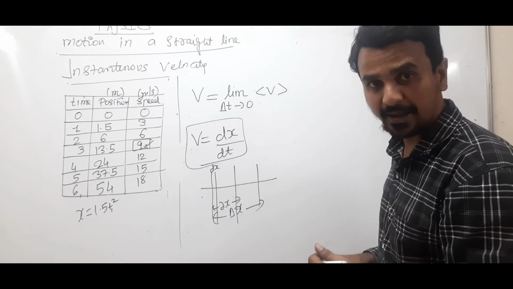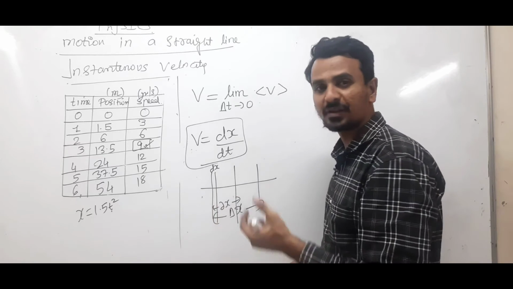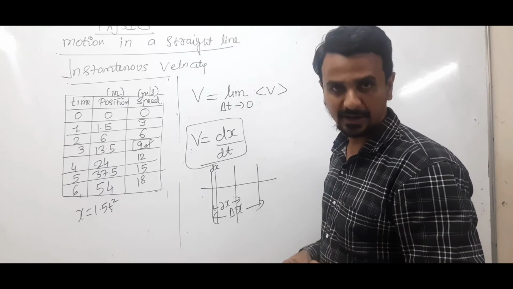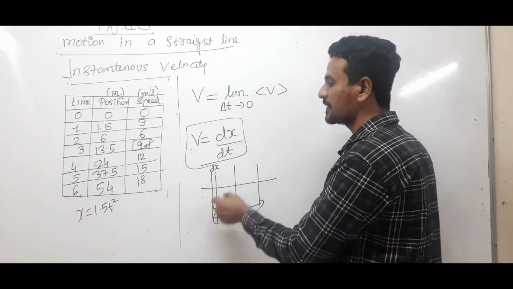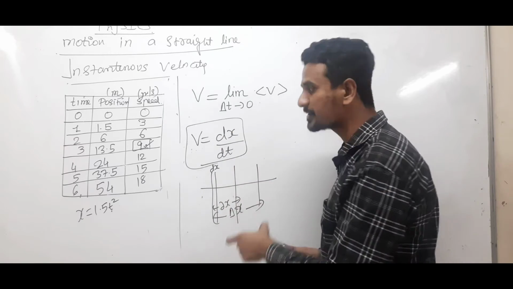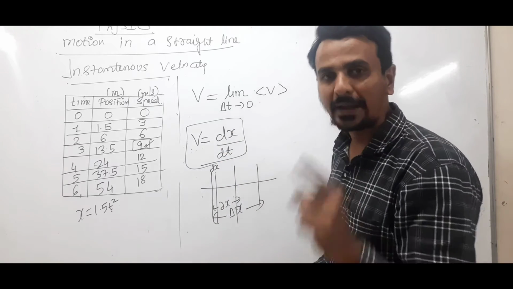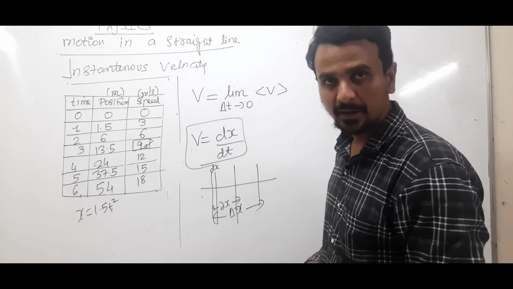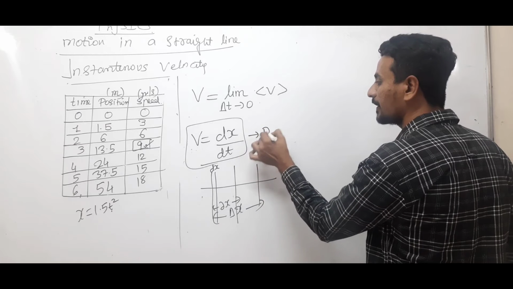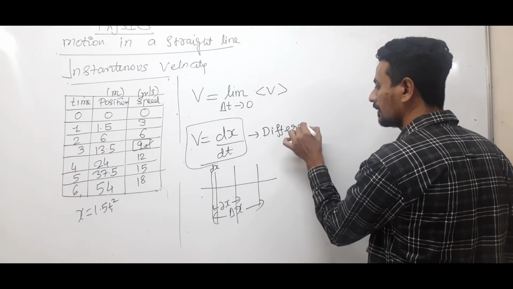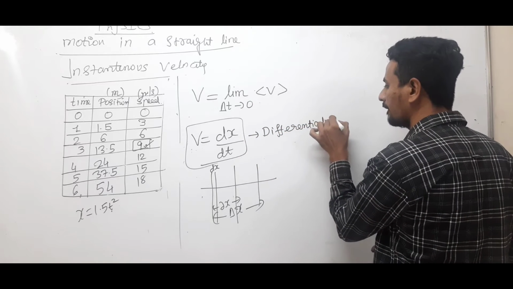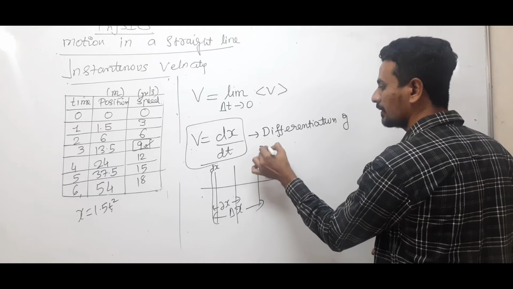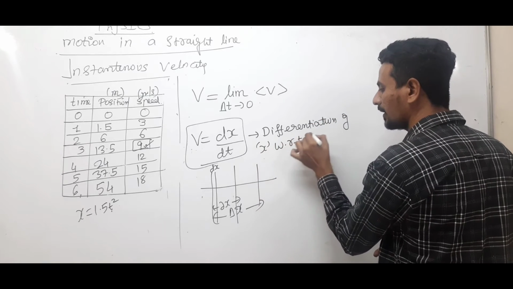So if you are reducing the time, the displacement will also be reduced. So reduced displacement is denoted by dx, reduced time is denoted by dt. So finally your instantaneous velocity is dx by dt. This is also known as differentiation of x with respect to time.